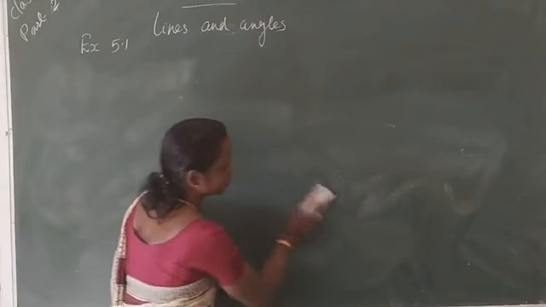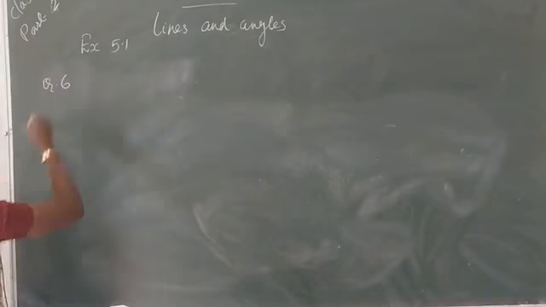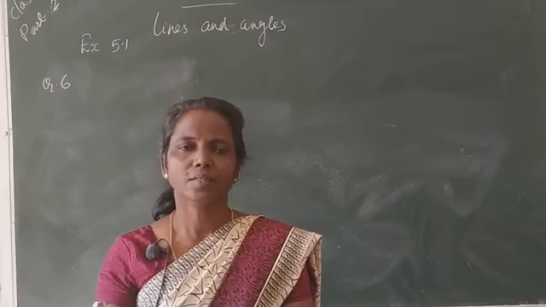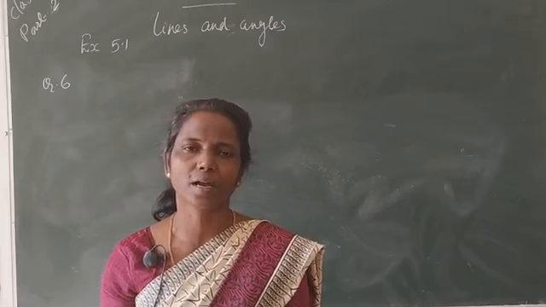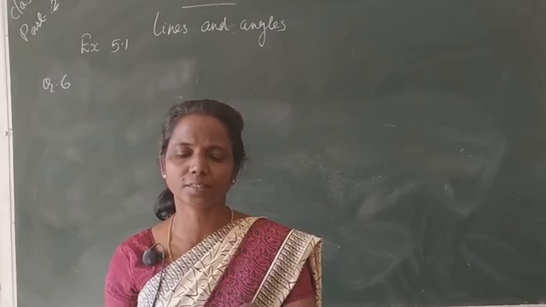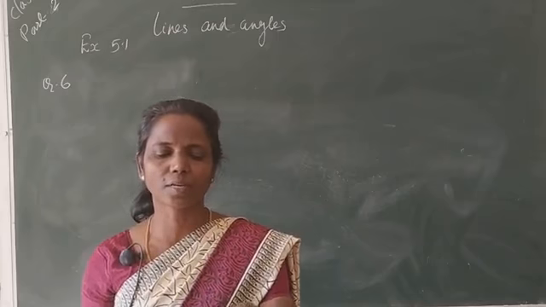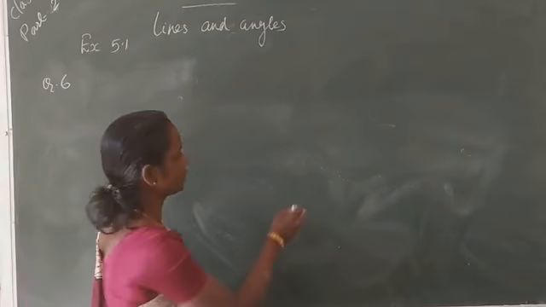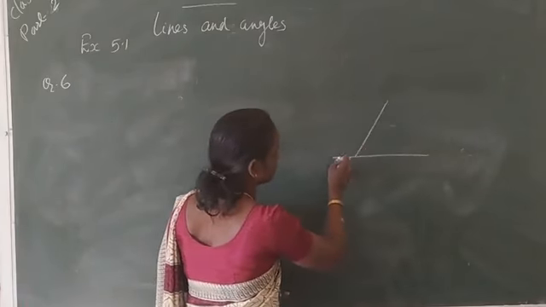Then, in the adjoining figure, angle 1 and angle 2 are supplementary angles. If angle 1 is decreased, what change should take place in angle 2 so that both angles still remain supplementary?